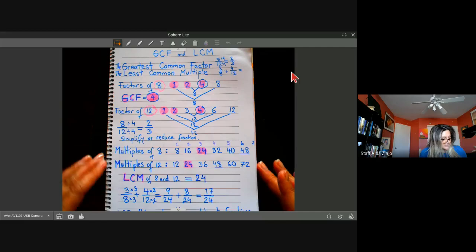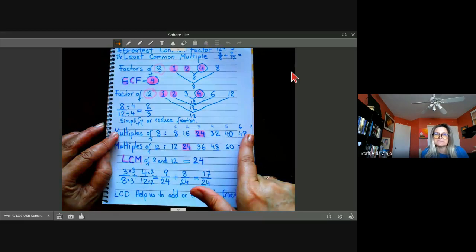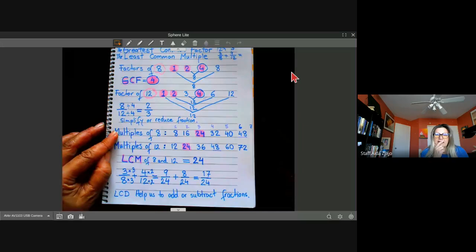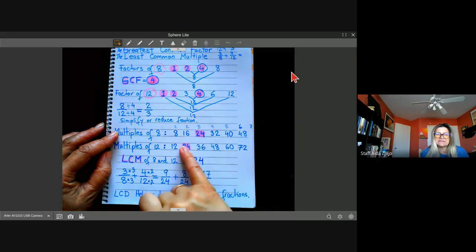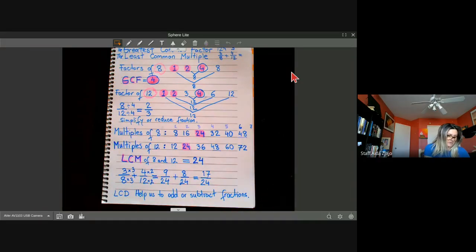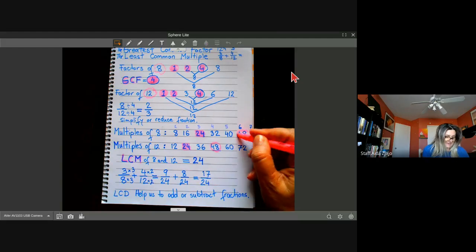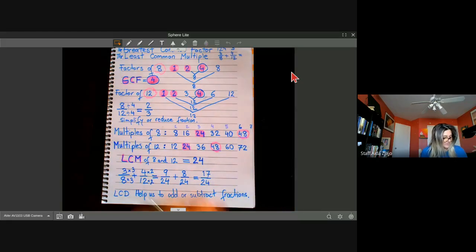And then you can also find the multiples, which are just the multiplication from 1 to infinity, and you find the smallest multiple of both numbers. And this number can help you to add or subtract fractions.